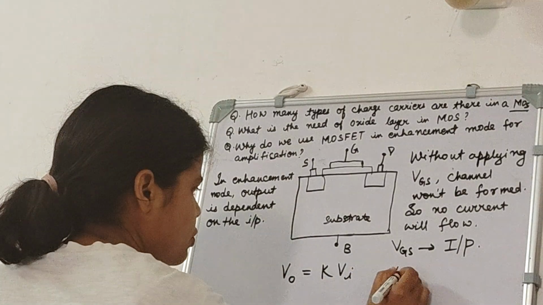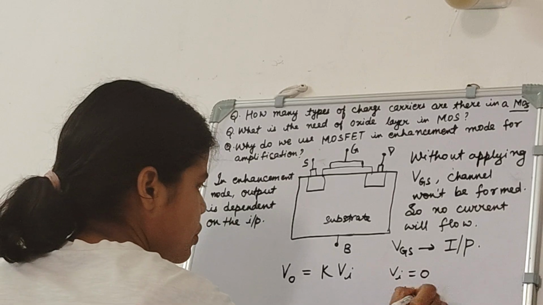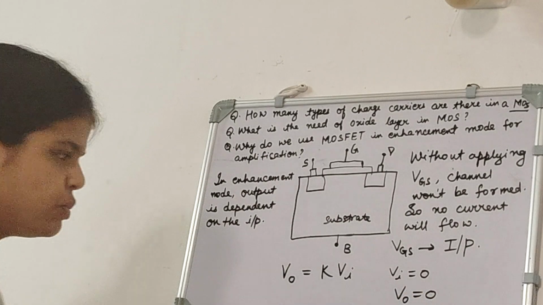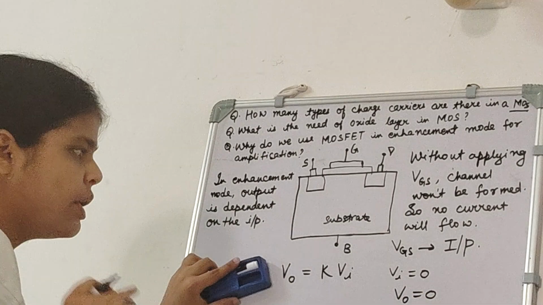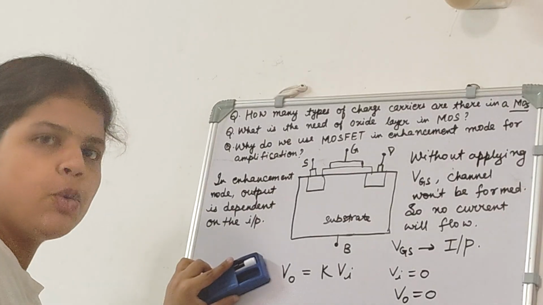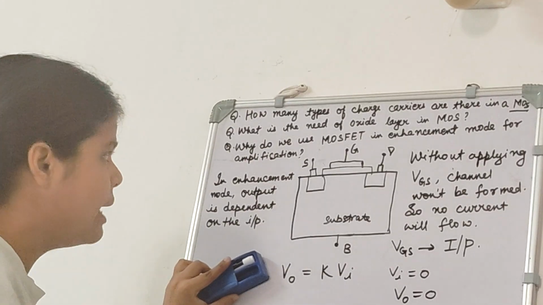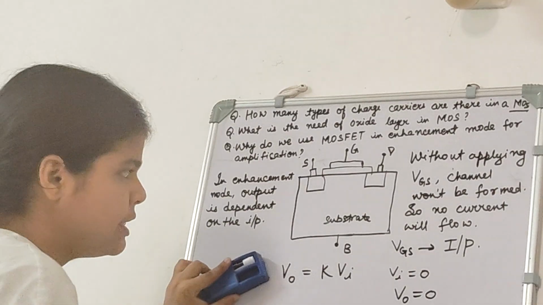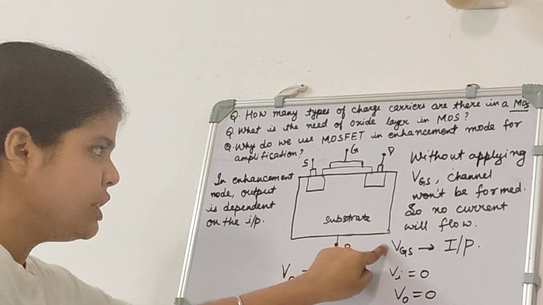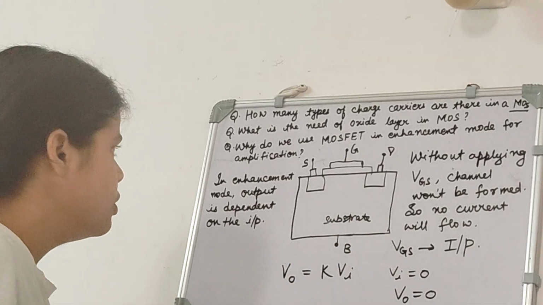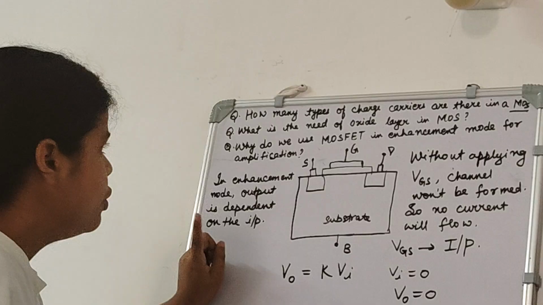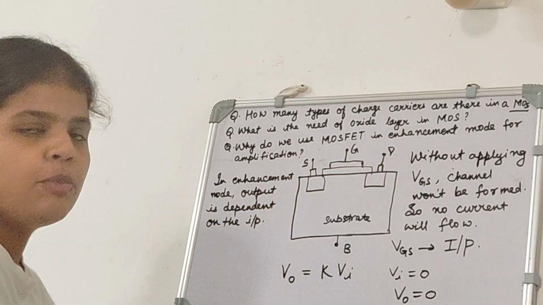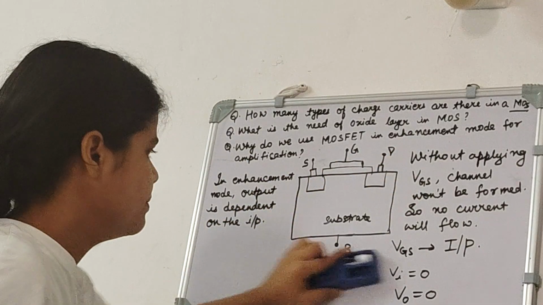If Vi is equal to 0, Vo equals K into 0, which equals 0. So this is the basic rule for an amplifier, that our output should be dependent on the input. And in enhancement mode we can clearly see that without applying any VGS we won't get any output current. So that is why we use MOSFET in enhancement mode for amplification.